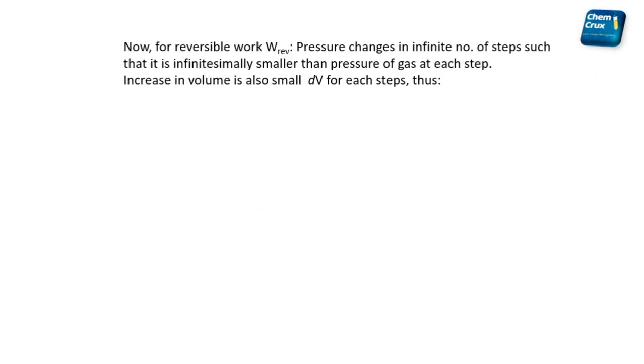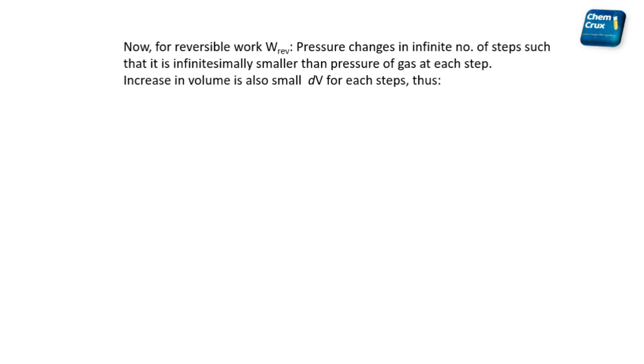Now we know for a reversible process the change is actually carried out in an infinite number of steps. So to find out the net work done for an infinite number of steps, we cannot use summation of all the steps, because summation can be used only when the steps are finite. If the steps are infinite, we need to integrate all the steps to find out the net work done.